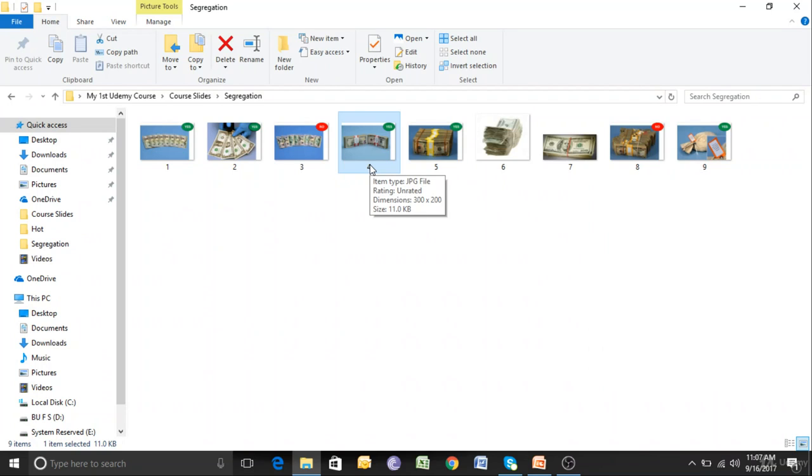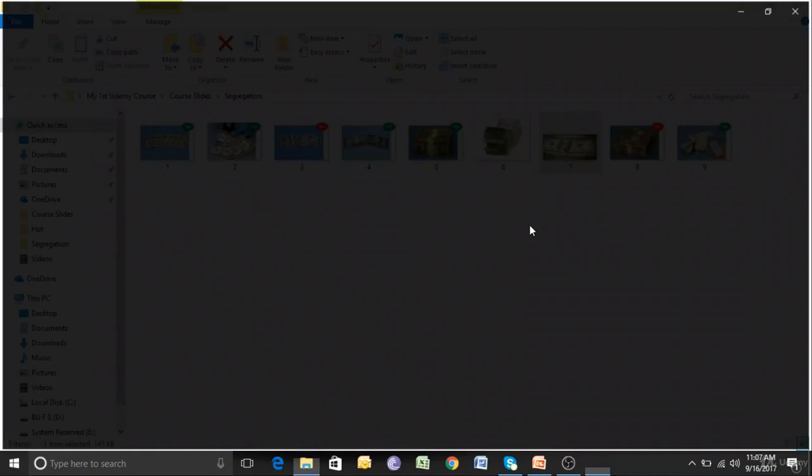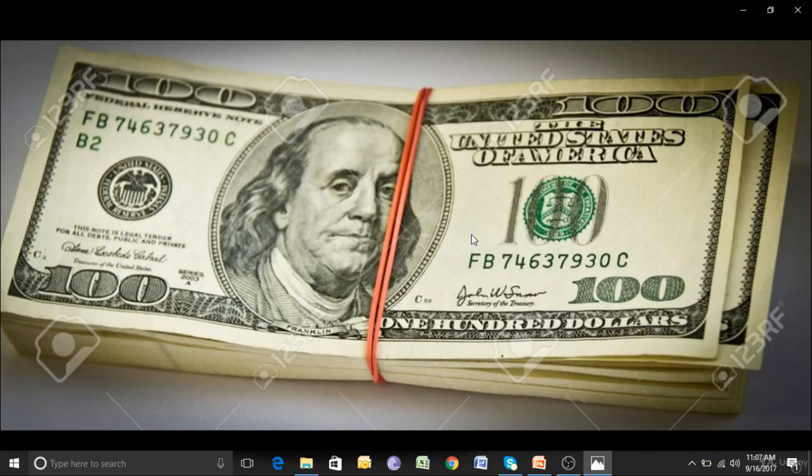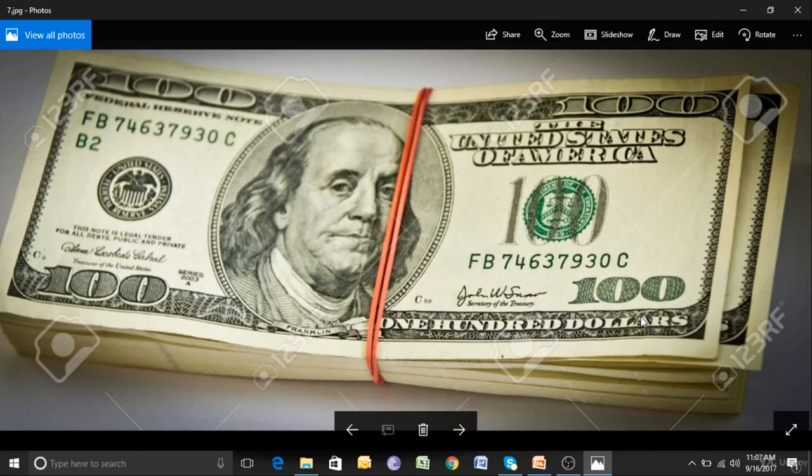I will show you another example. See, this is very badly done. See, one note coming out here and then the other one. The bundling is not done properly, like this one here. See, you see this?